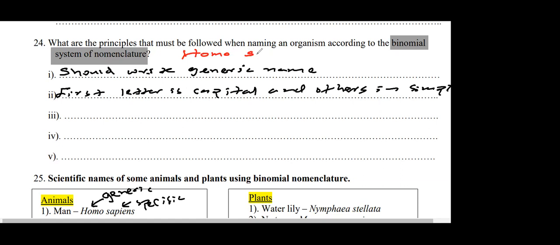Very important. Some students write S also capital in the second word. And if it is handwritten, you have to underline them separately. When handwritten, the name should be underlined separately, not with one line. Homo separately, sapiens separately. It should be underlined.